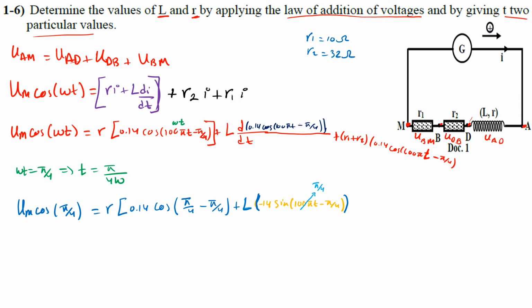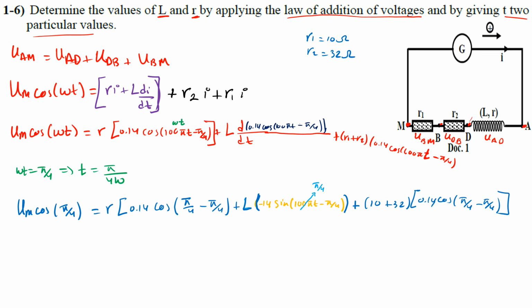So, plus, 10 plus 32 into 0.14 cosine of pi over 4 minus pi over 4. Instead of omega t, I replace by pi over 4, or instead of t, I replace pi over 4 omega. Now, we found it as 5.